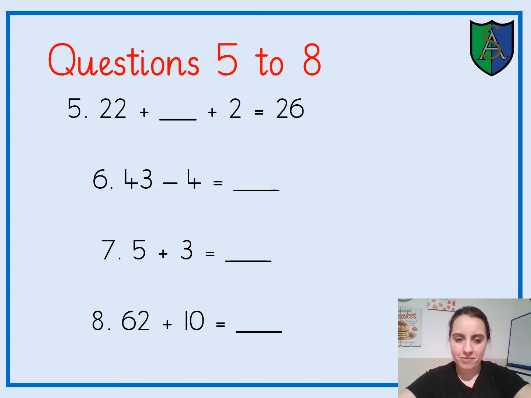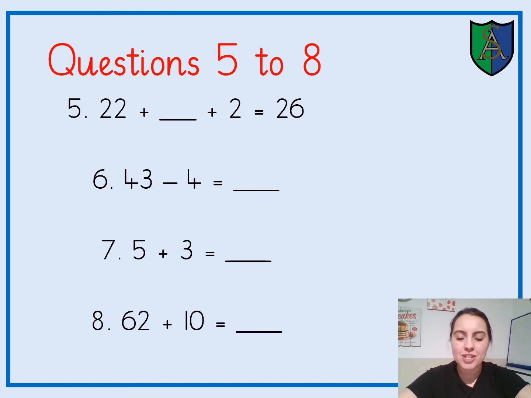Question number 5 is 22, something, 2, 26. Moving on to question number 6 now: 43, 4, something.